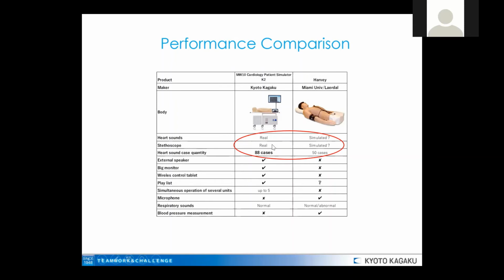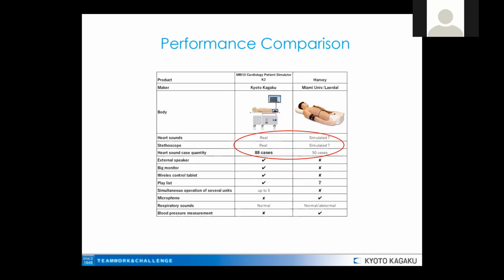Also, the stethoscope in ours is real. In the previous versions of theirs, it wasn't. We would need to check what is the case right now. And talking about the number of cases, we have 88 cases, and they have only 50. So with these three, we already have a big difference in terms of learning.